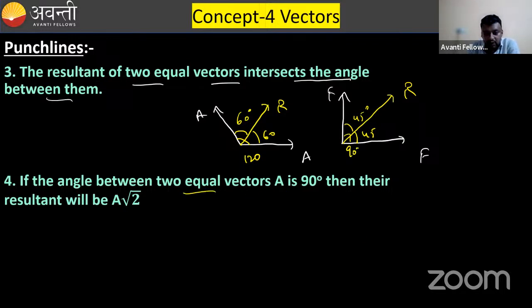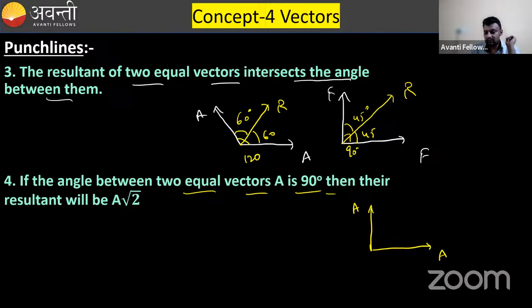If the angle between two equal vectors is 90 degrees, for example, there are two equal vectors. If you know these punchlines, then I can skip this part and we will move further towards the questions.